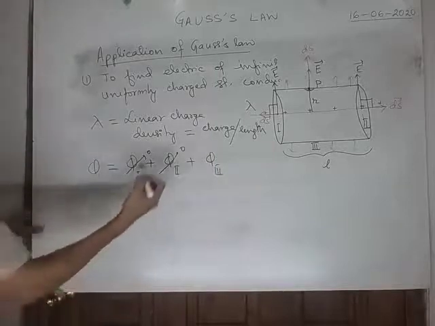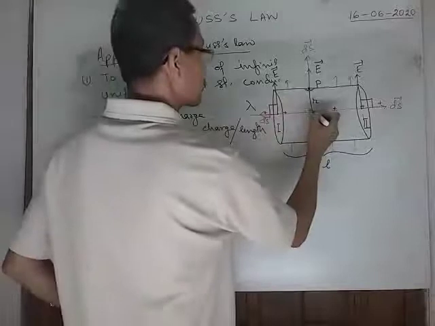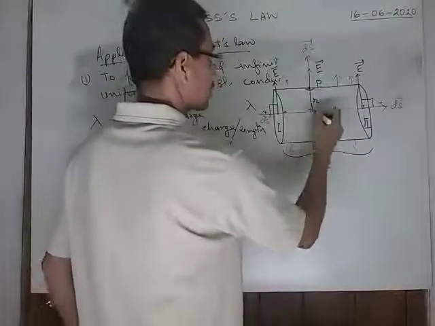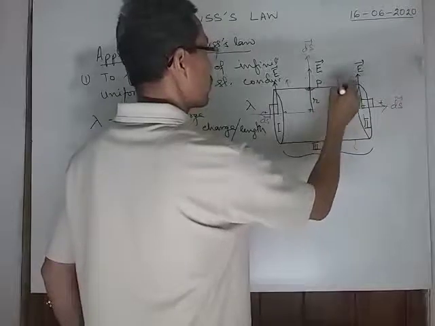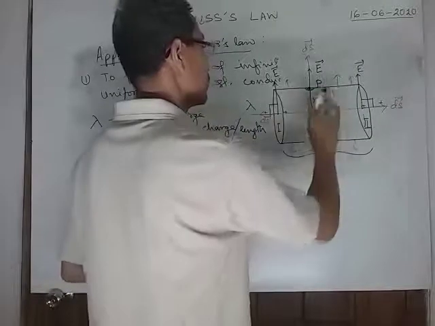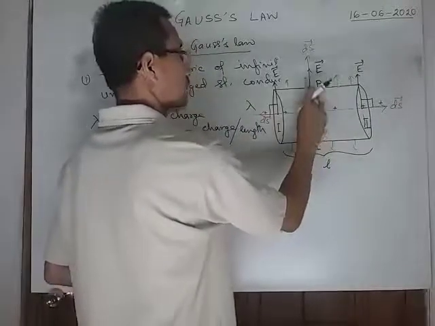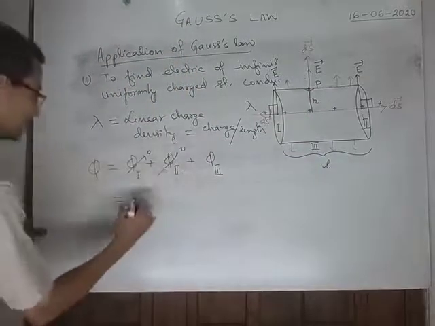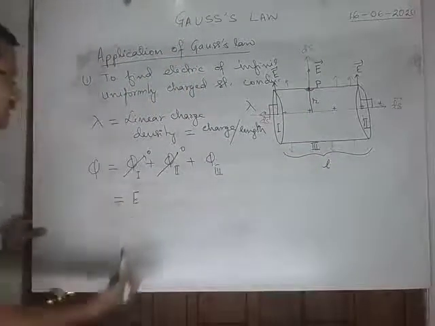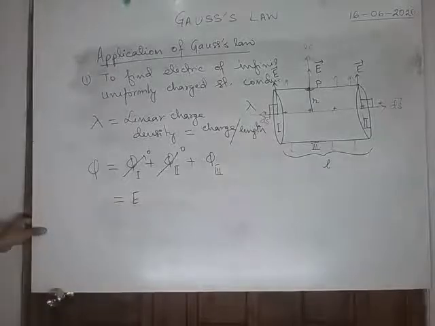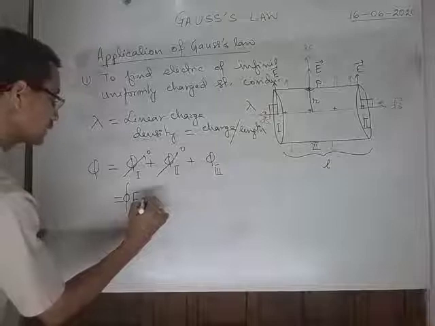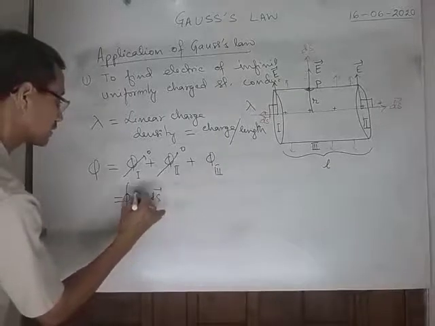So what happened? The distance from here to here is just like the axis of the cylinder. Distance at every point on the curved surface of the cylinder will have the same distance r, and so your electric field E will also remain constant. So that electric field E, let me write like this, E over the whole surface, and this will be ds like this.